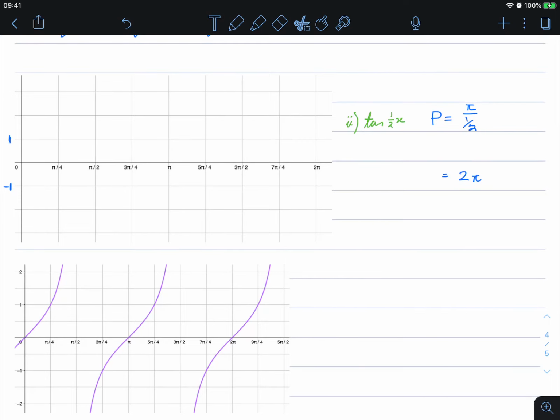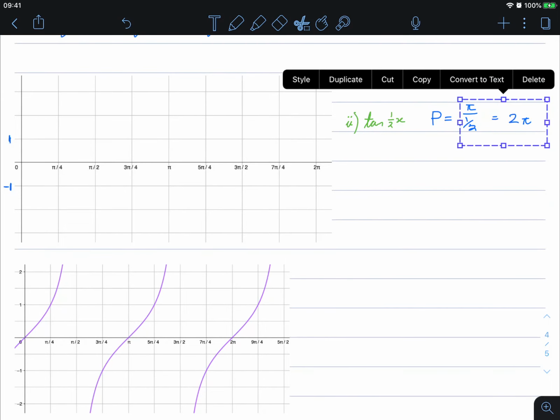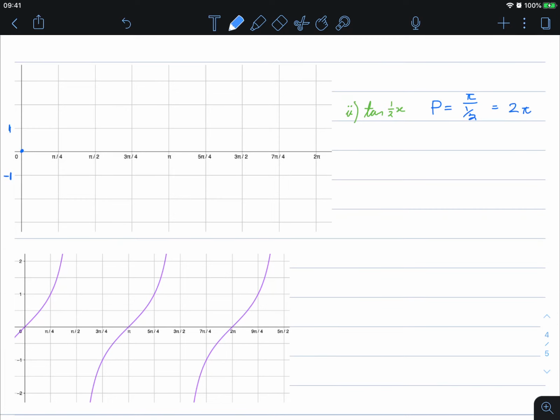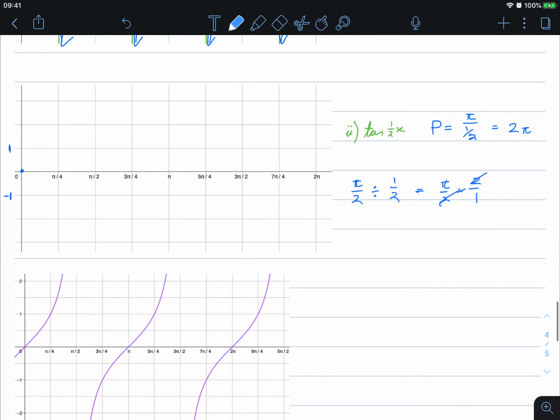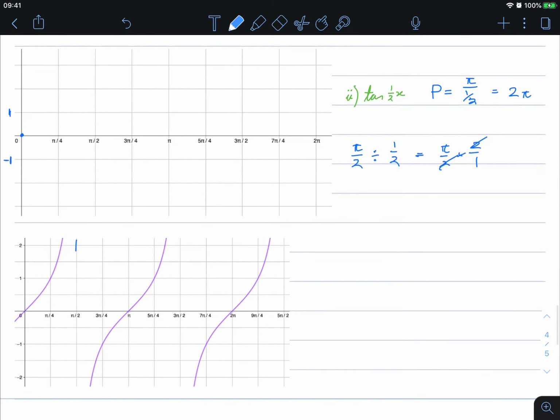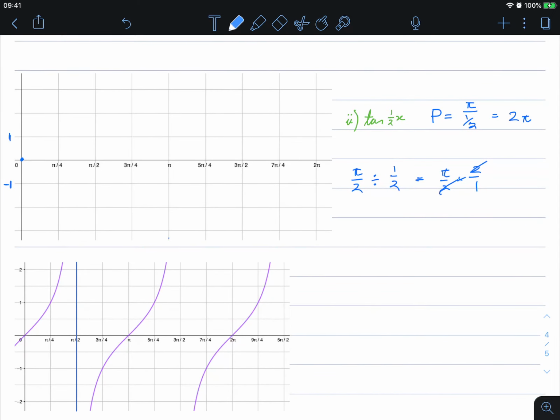Here we go. So it begins on 0. Let's first find this asymptote here. So pi on 2, we're going to divide this by half. This is the same as pi on 2 times 2 on 1, which is just pi on 1, which is pi. So this asymptote, which is originally here, is now going to be moved to pi.